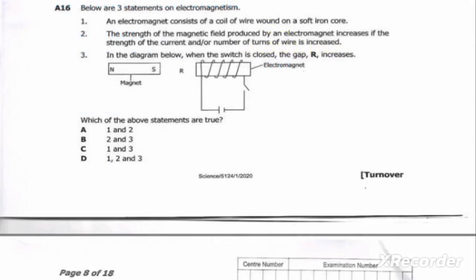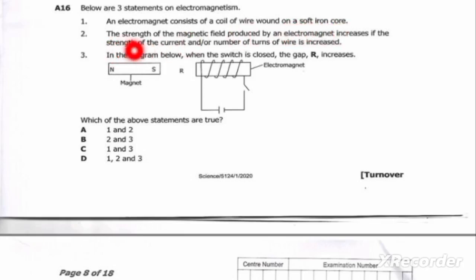We move to the next question, which is question A16. Below are 3 statements on electromagnets. Number 1, an electromagnet consists of a coil of wire wound on a soft iron core.